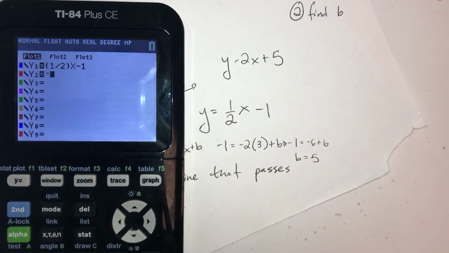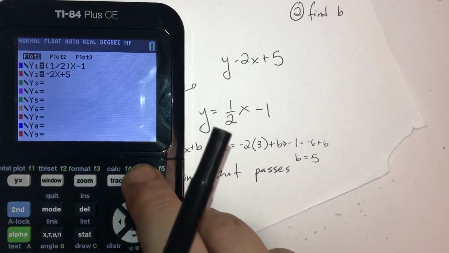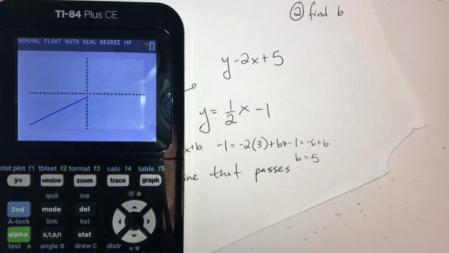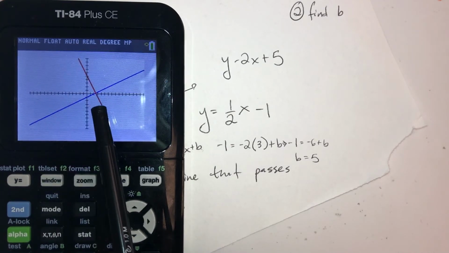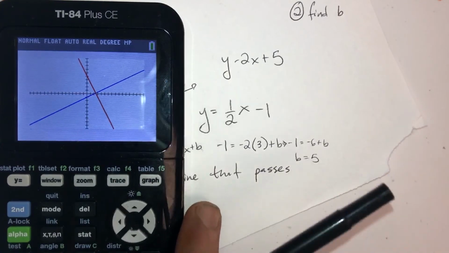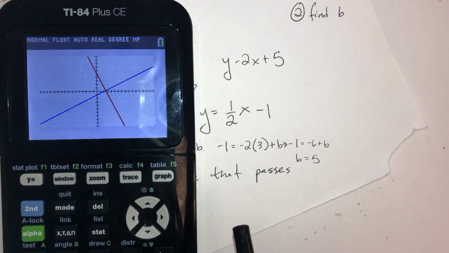And the second line is -2x plus 5. So if I graph those two lines, there's 1/2 x minus 1, there's -2x plus 5, and I should see that this goes through the point 3, -1.